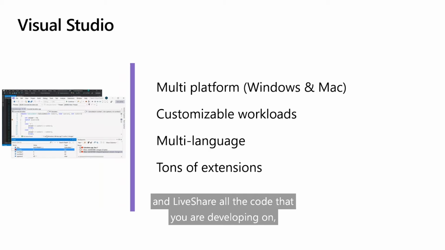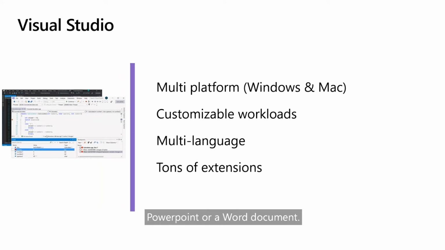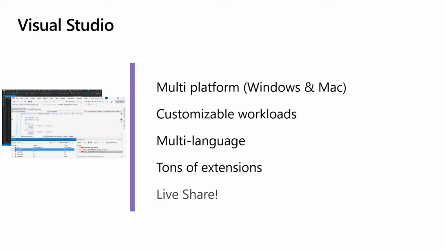What you can do is make use of Live Share and share all the code that you're developing with that partner. The partner does not need to install any environment related to that code. They only need to install either Visual Studio or Visual Studio Code, and with the Live Share extension, they can directly co-edit and comment with you based on what you have been developing. It's a pretty similar experience to co-editing or co-authoring a PowerPoint or a Word document.